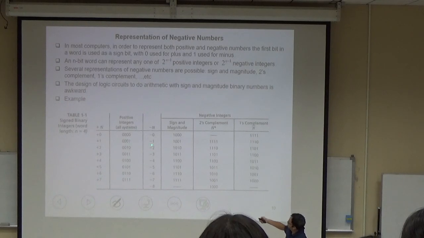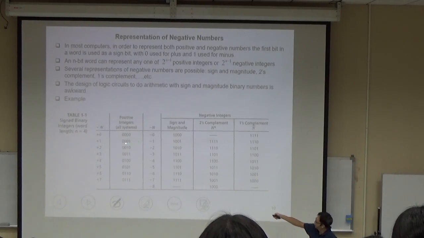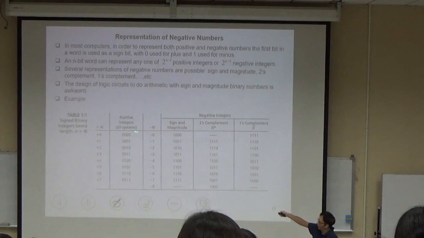And if we use positive integers, all systems express them this way. The first bit will be all 0, and the other bits will be 0, 0, 1, 0, and so on.